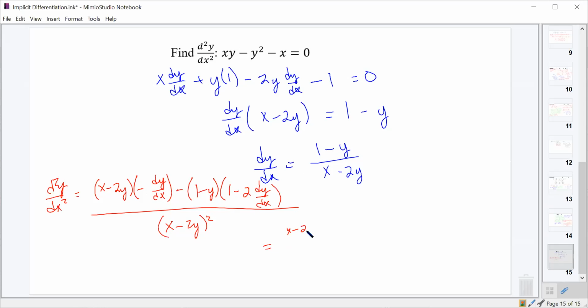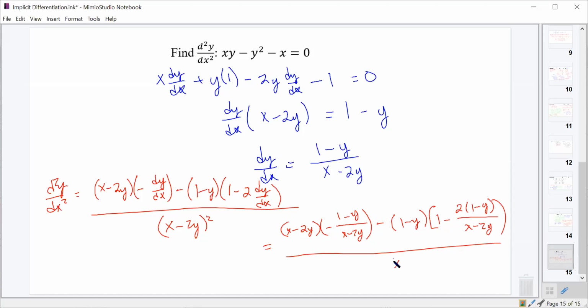So our final answer should be x minus 2y times negative (1 minus y) over (x minus 2y), minus (1 minus y) times (1 minus 2 times (1 minus y) over (x minus 2y)), all over our x minus 2y squared.